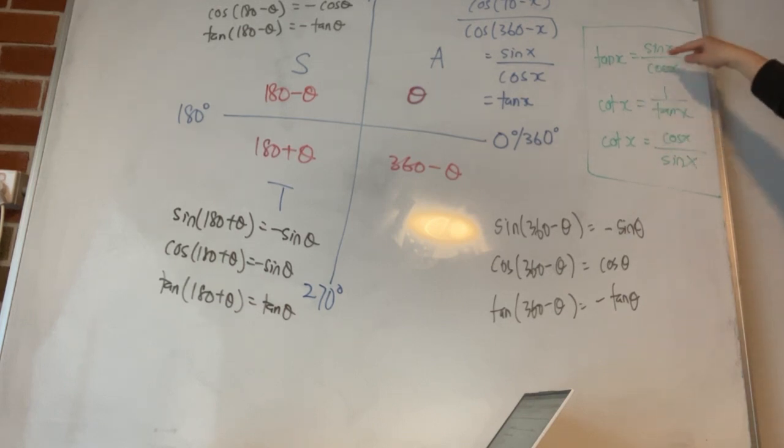Because sine over cos equal to tan, so it's equal to tan x.